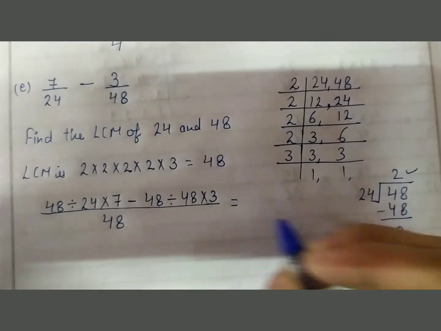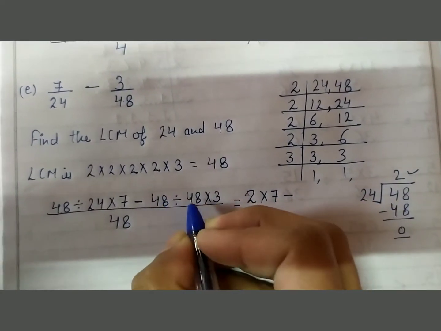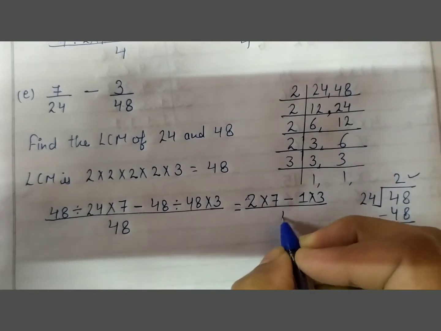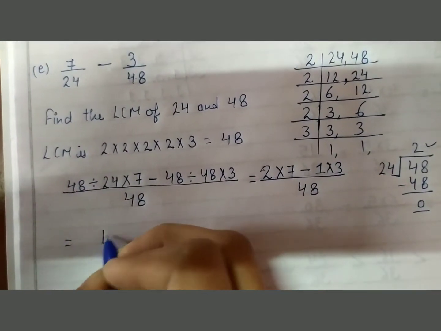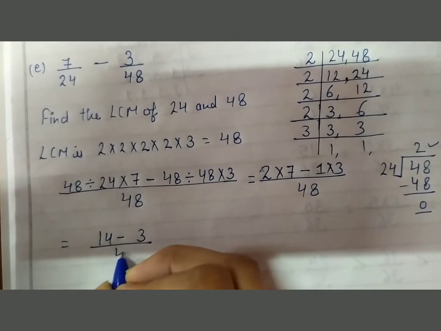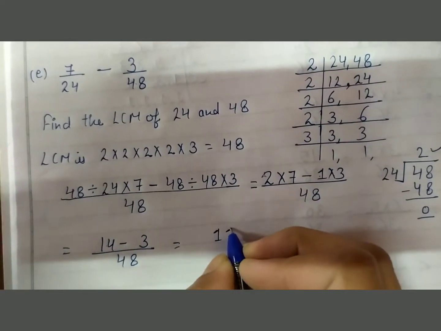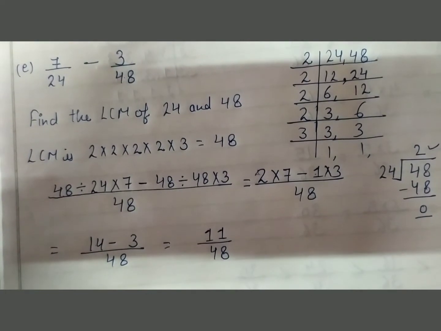Your answer is 2. Write 2 multiply 7, subtract 48 divided by 48, 1 multiply 3 upon 48. 2 multiply 7, 14 minus 1 multiply 3, 3 upon 48. 14 minus 3, 11 upon 48. This is the answer.